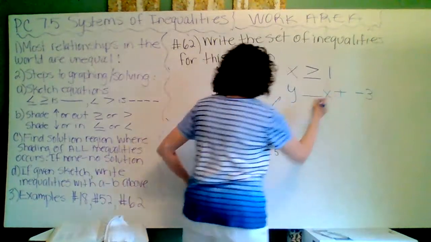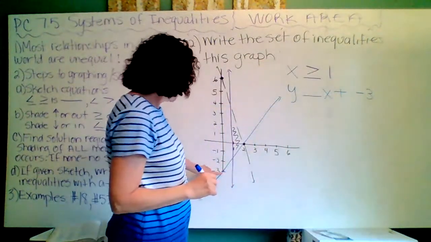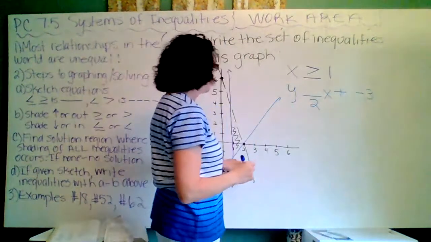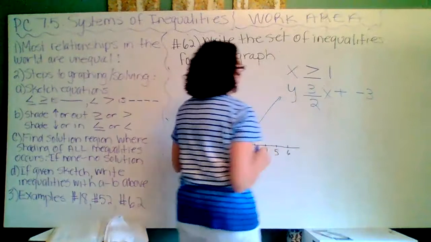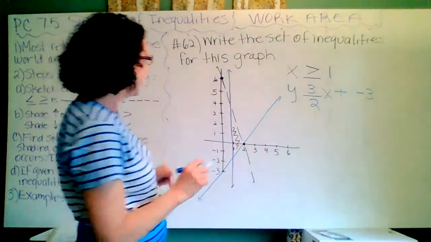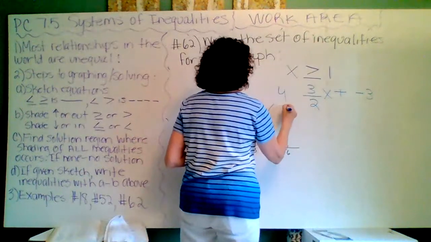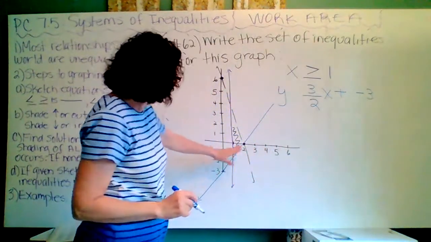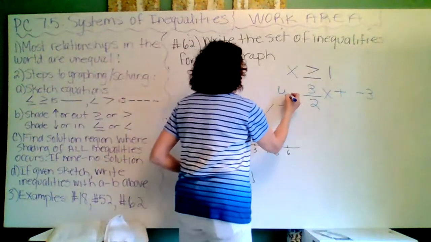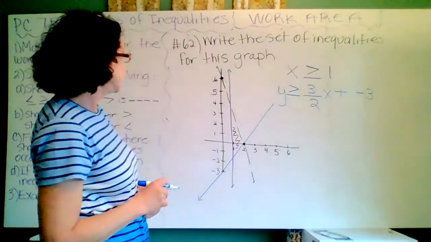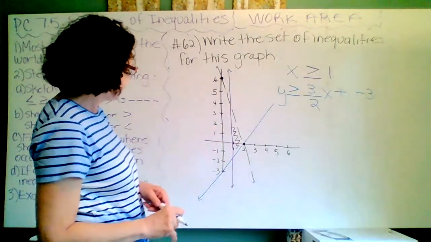And the slope of this line, let's see, if we go over 2 and up 3, it has a slope of 3/2, and notice that the shading is above the line. So again, solid line, shading above, and that would cause us to shade above the line.